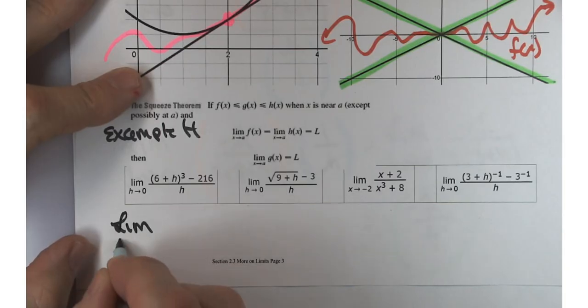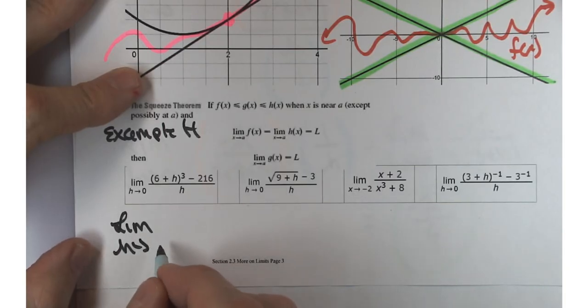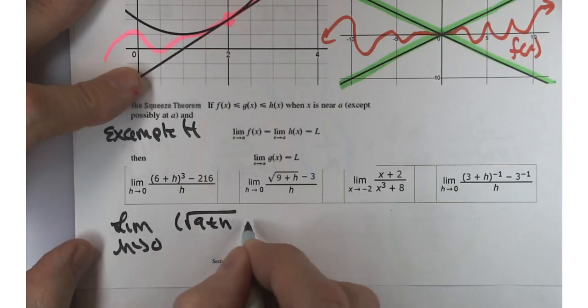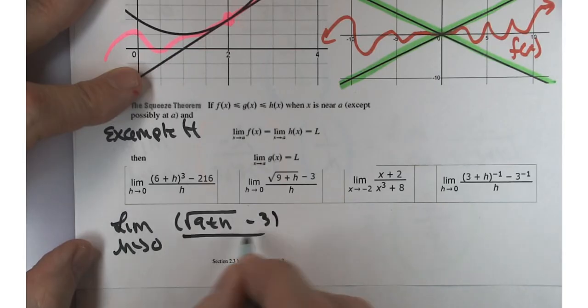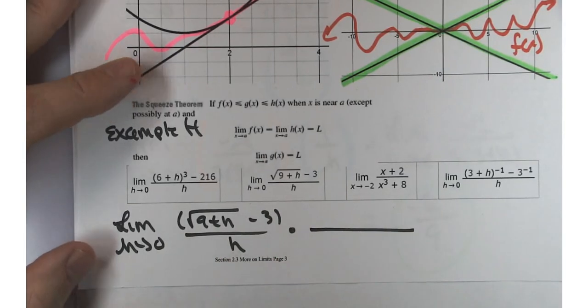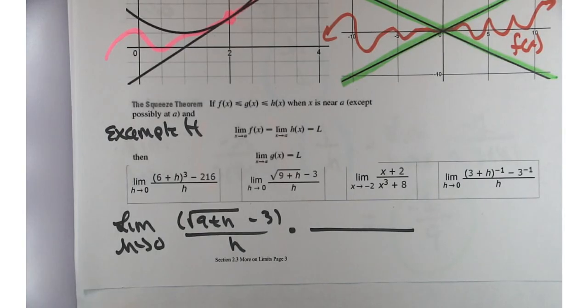You can switch that. A plus b times a minus b. Perfect. This is another one where you have to use the conjugate.